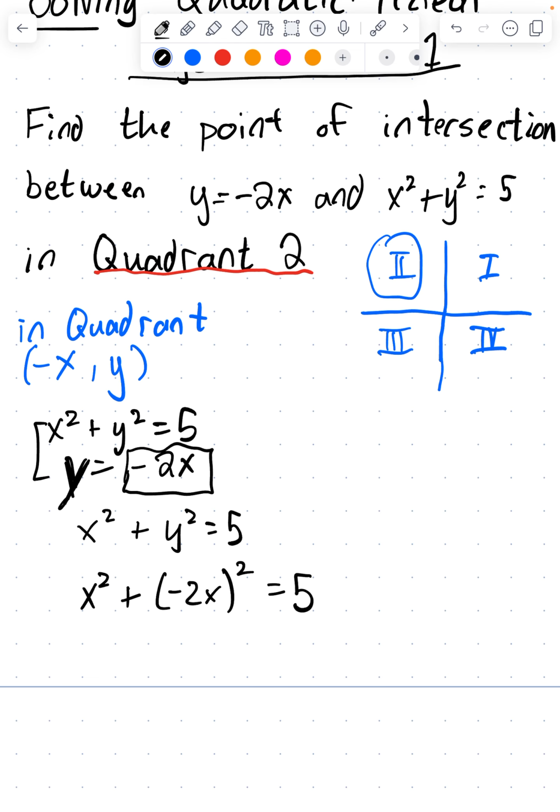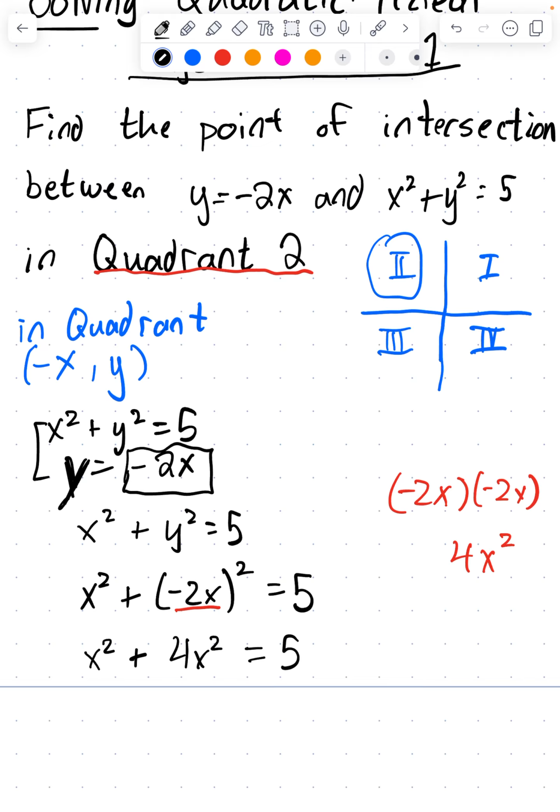All right, so this is simple. I have x squared plus, I'm going to do the work here for (-2x) squared in red. So -2x times -2x: -2 times -2 is positive 4, and x times x is x squared. So I get 4x squared equals 5.